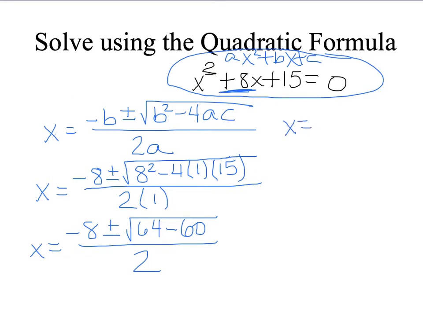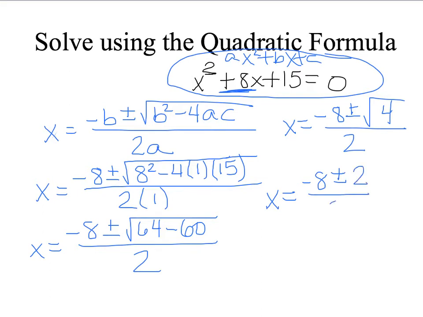X equals negative 8 plus or minus the square root of 4 all over 2. X equals negative 8 plus or minus 2, because the square root of 4 is 2, over 2. And we have two possible solutions here.